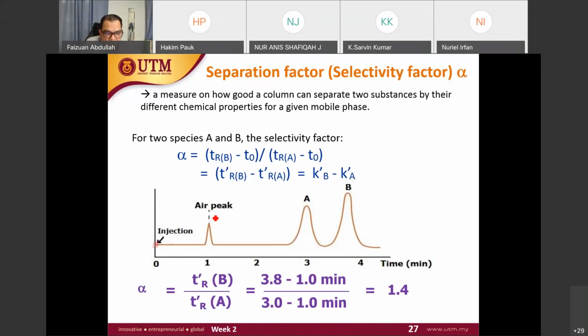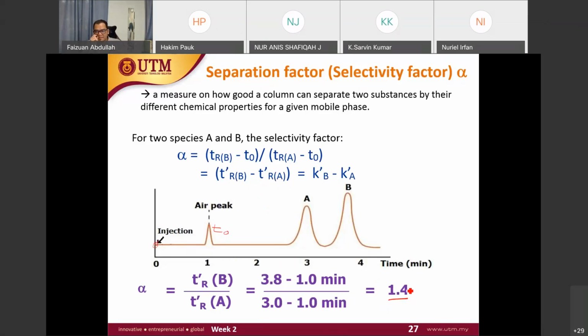This is the t naught for the air peak, and then we have A and B. So the alpha is t apostrophe R for B divided by t apostrophe R for A. So we have k apostrophe B and k apostrophe A, and the alpha value is 1.4.